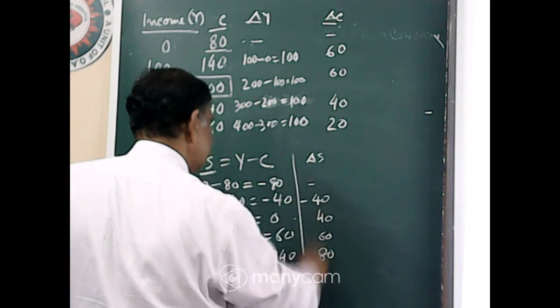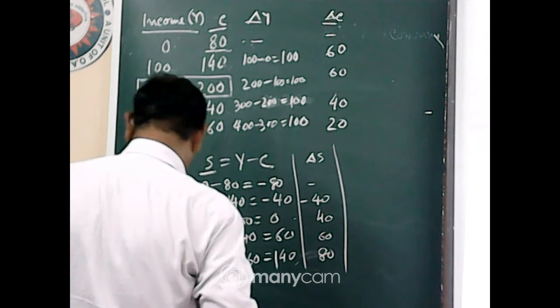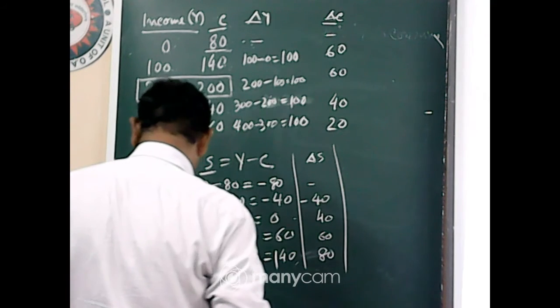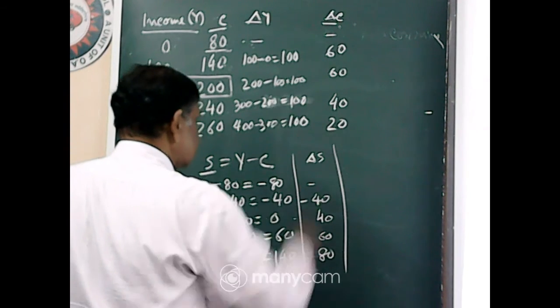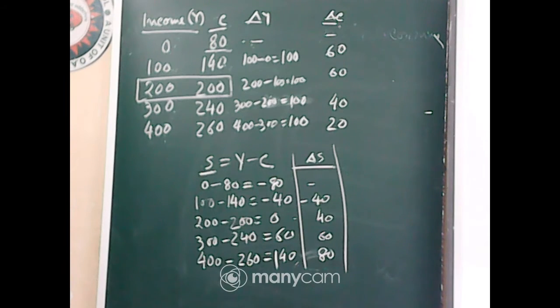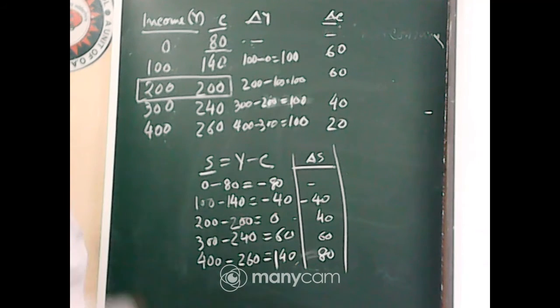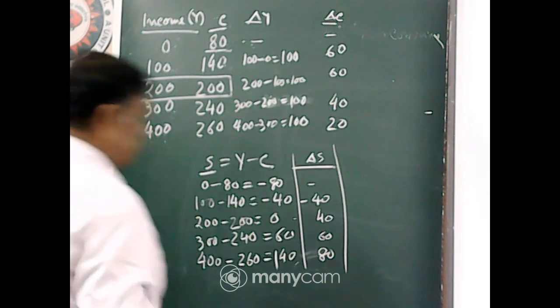This is delta S. Right, so it is delta S. I think it should be clear. So you learn how to calculate delta Y, delta C, and delta S, even saving from income and consumption.